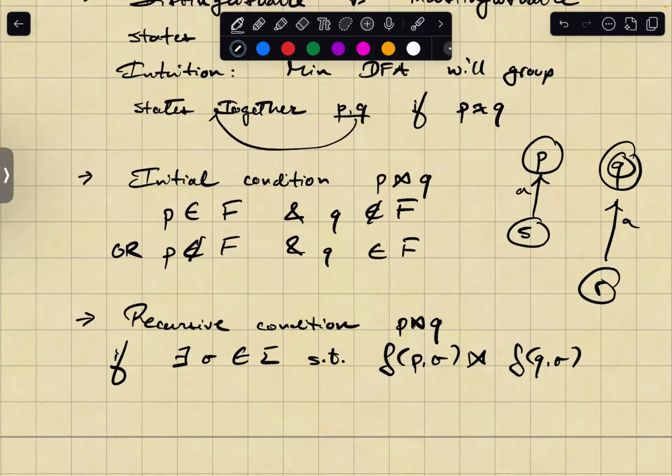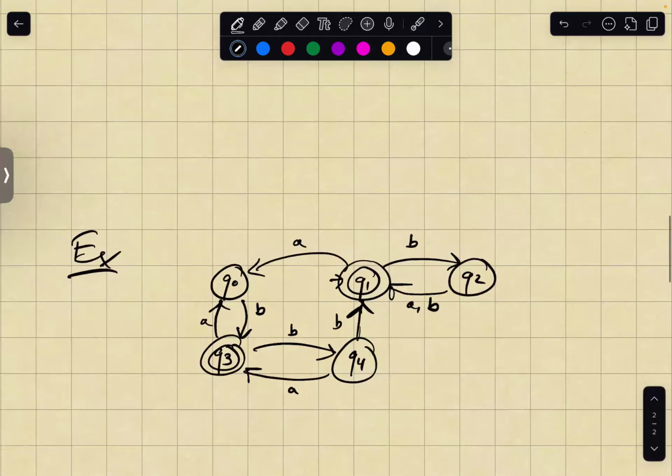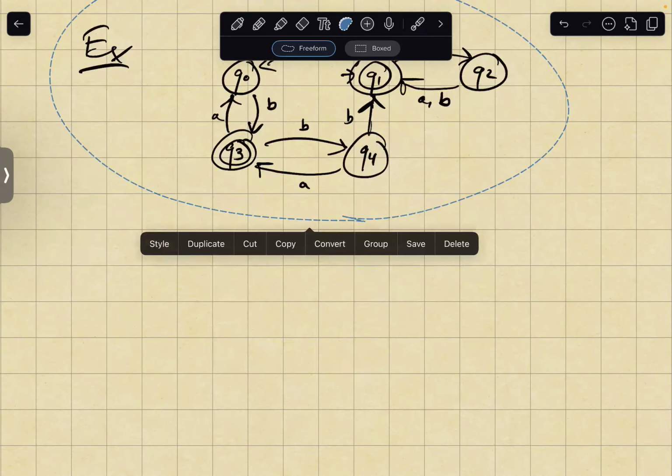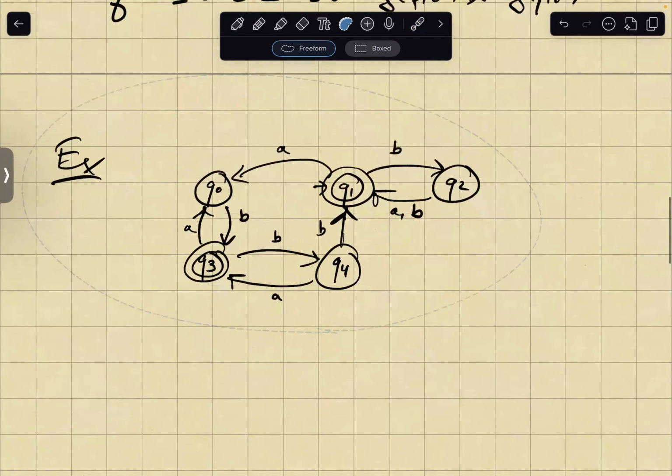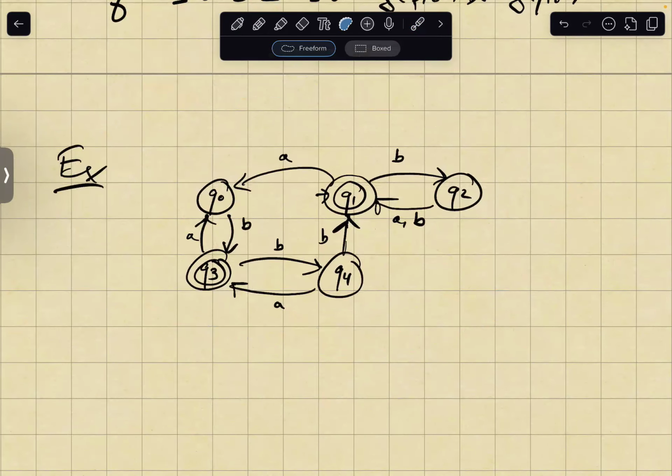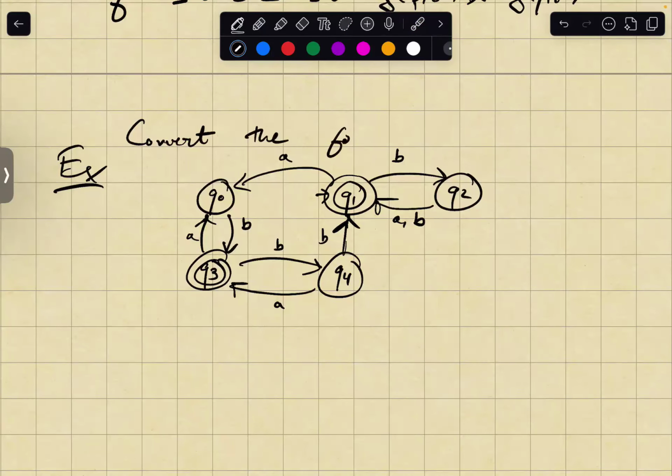Now, how do we actually implement it in a conversion algorithm? We're going to do that in this exercise, where we want to convert the following DFA to its minimal DFA.